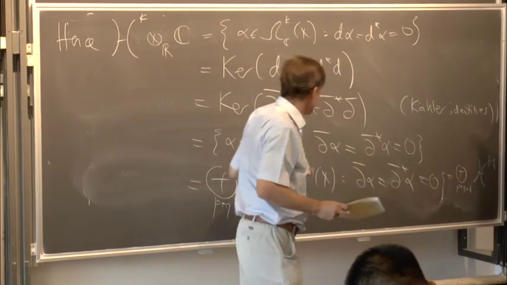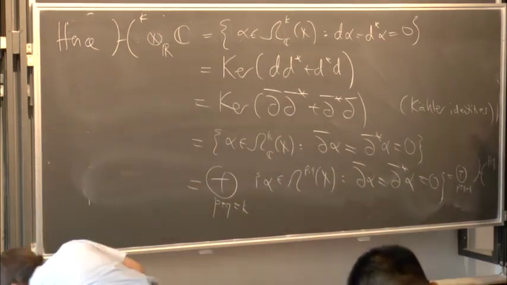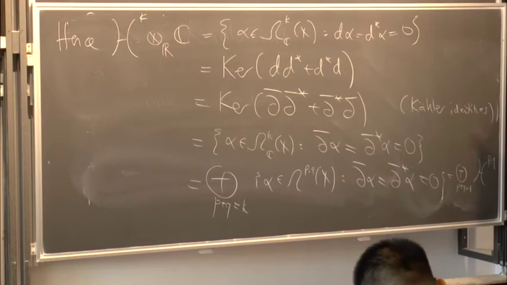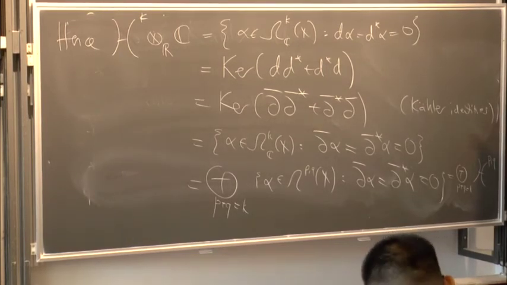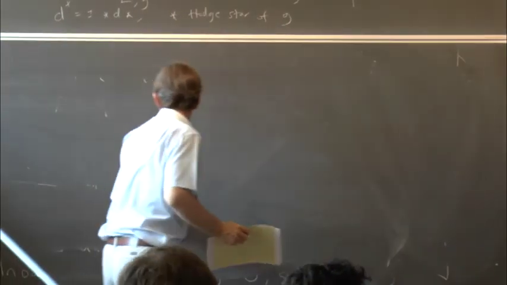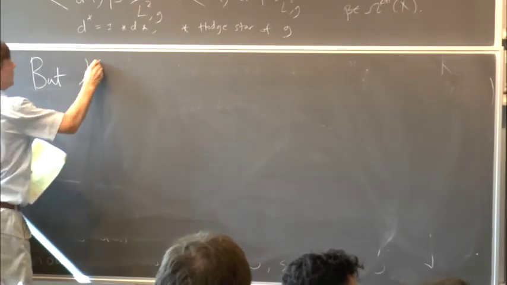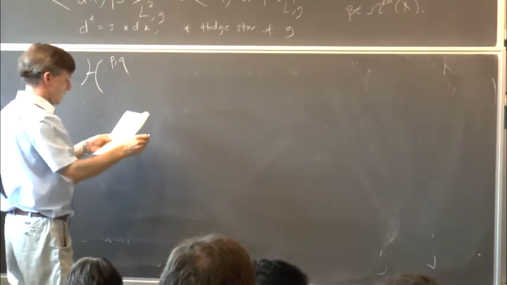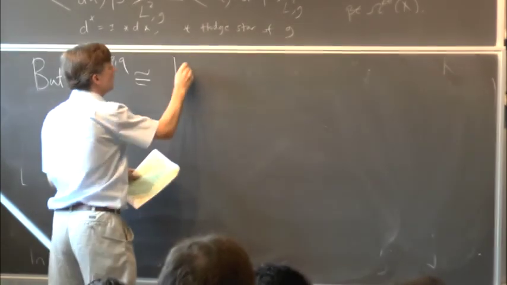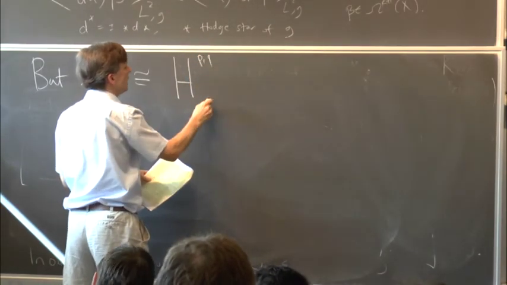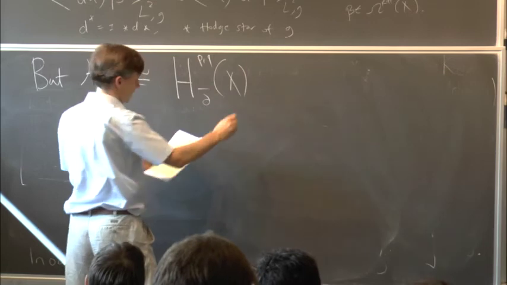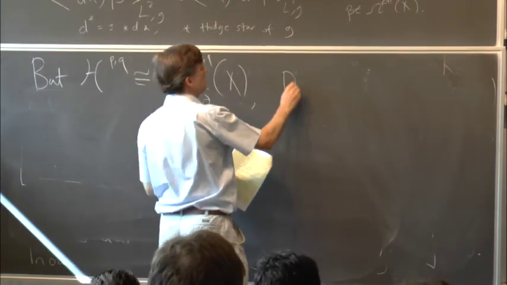It's just this set here. But curly H^{p,q} is isomorphic to the straight H^{p,q}_∂-bar(X), the Dolbeault cohomology.